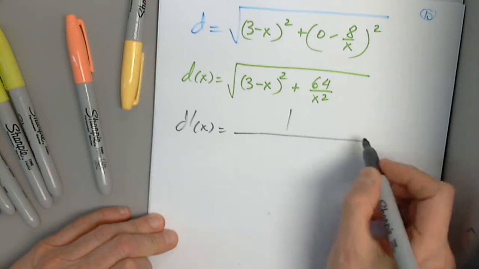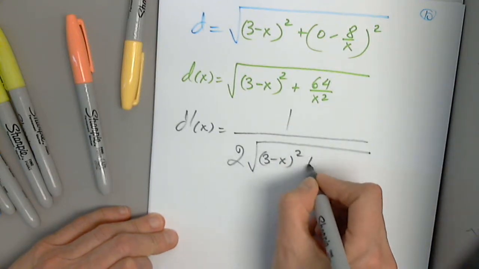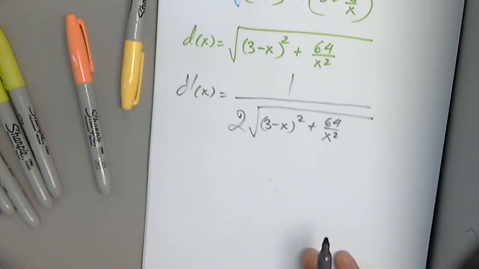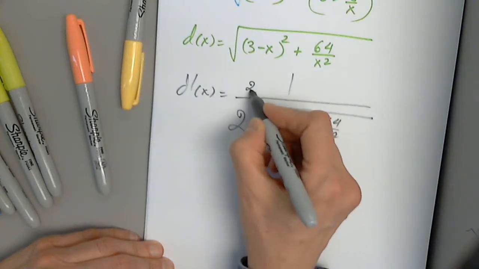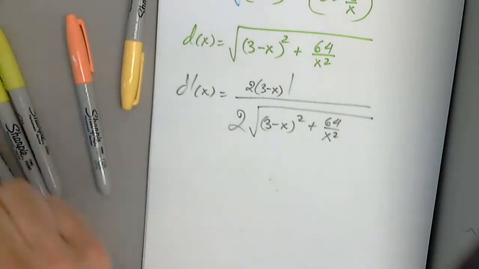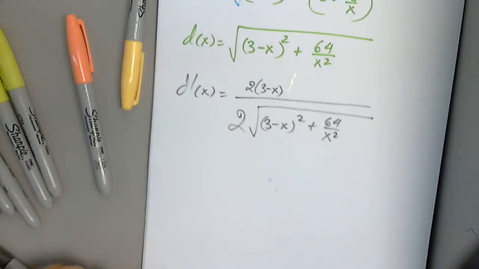Can anyone dictate? Times negative 2x. Bring 2 in front. 3 minus x times the inner function prime. Very good. Times negative 1.